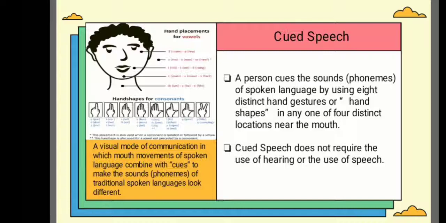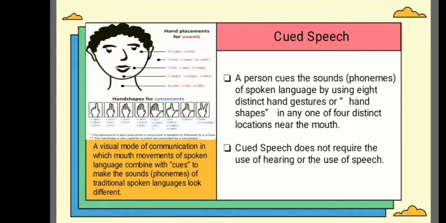By the way, the hand shape represents consonant phonemes and the location near the mouth represents vowel phonemes. Then, the speaker cues each consonant or vowel chunk in synchronization with the mouth movement of speech.